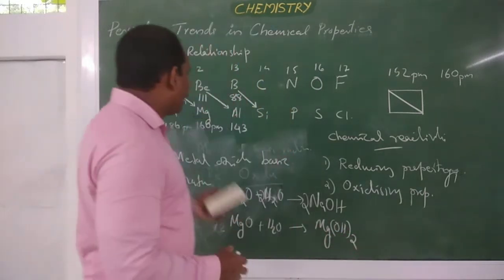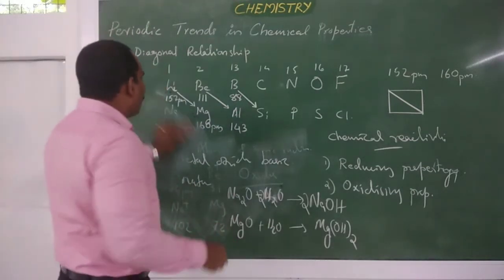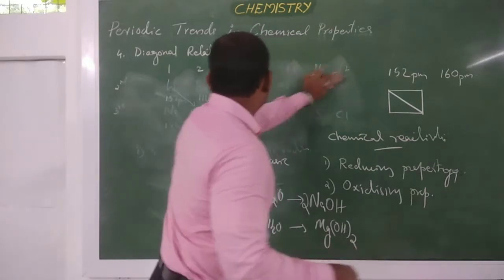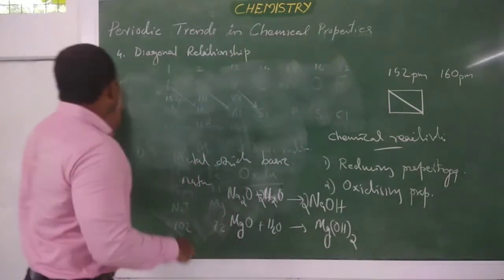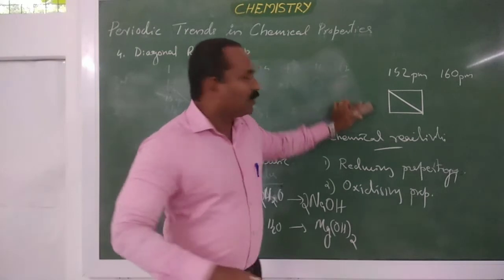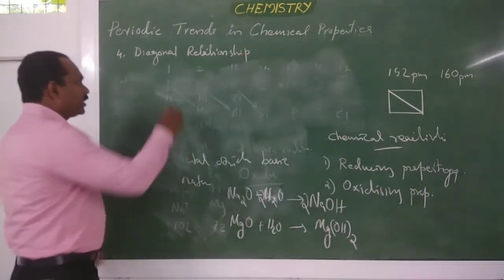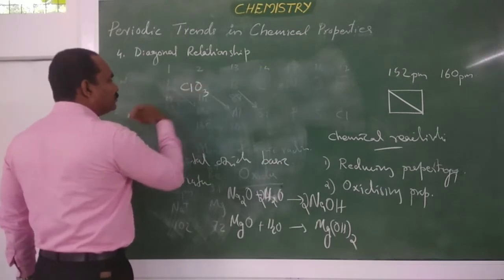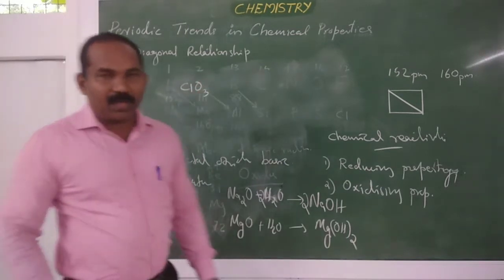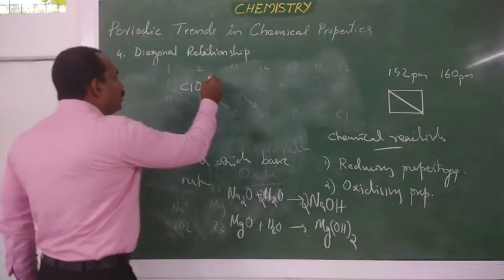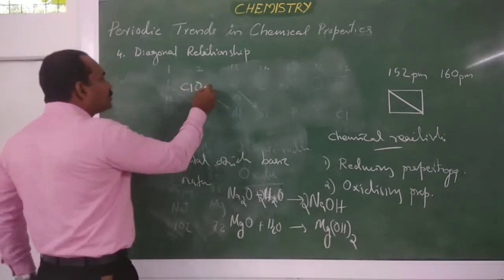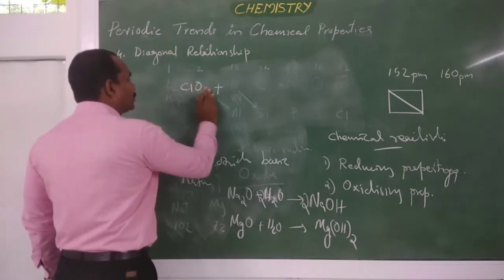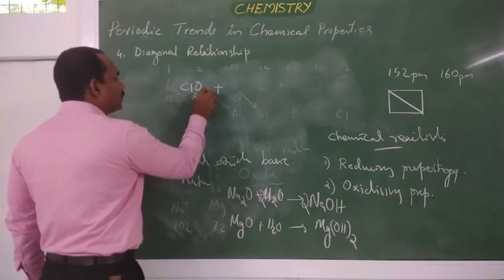Next, non-metal oxides. Non-metal oxides are generally acidic in nature. For example, chlorine forms an oxide, Cl2O7.